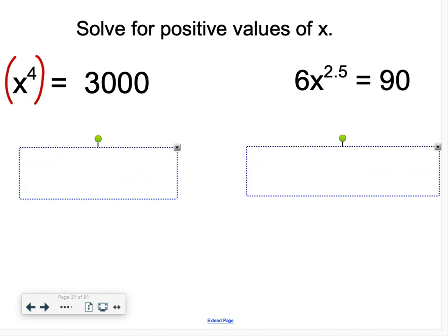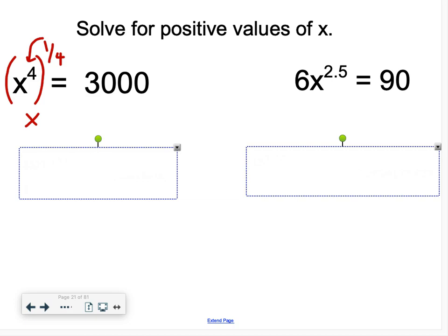So if I have a 4th power, if I could raise that to the reciprocal power, which is 1/4, right? The reciprocal of 4 is 1/4. Then my exponent rules say power on a power, I would multiply. Well, what is 1/4 times 4? That's just 1. So I eliminated that 4th power by raising it to its reciprocal power, right?